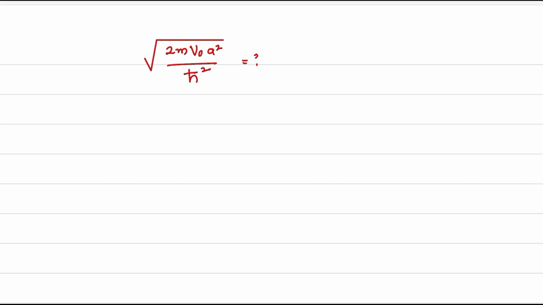What is this one? We have heard of Planck's constant h, but what is this h cut? What is the value of V0? And what is this a square? And what is this m?